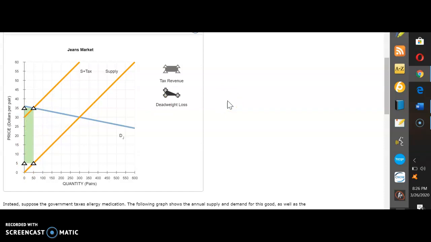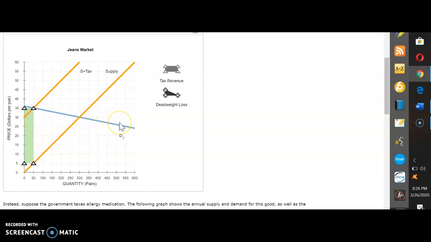Now, it also wants us to show the deadweight loss. The deadweight loss, well, that's all the economic surplus that is lost that nobody gets, because output went from 300 all the way down to 50. And that's because demanders for this good are quite elastic.